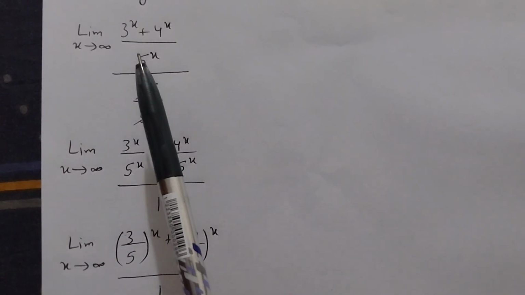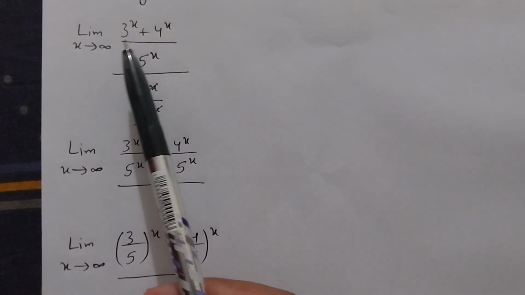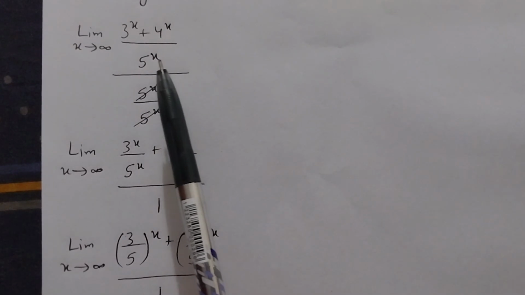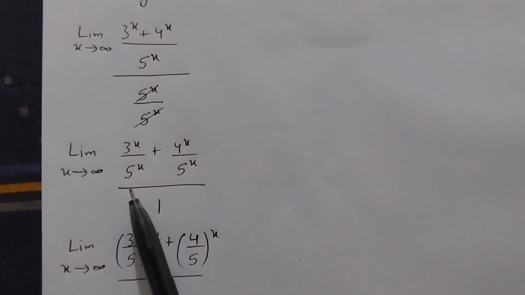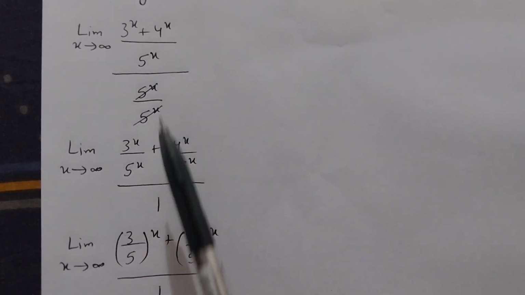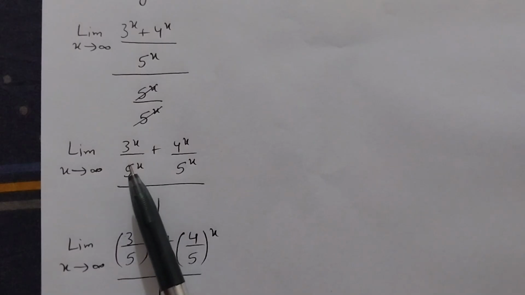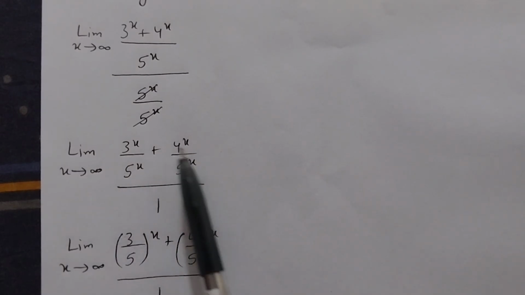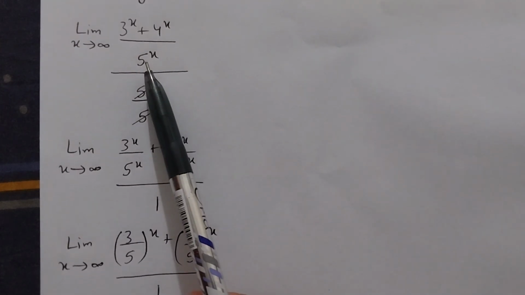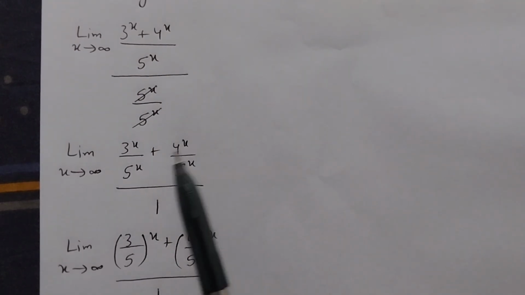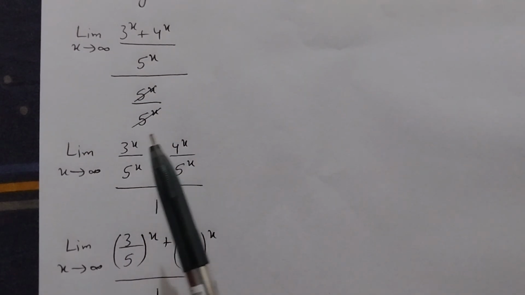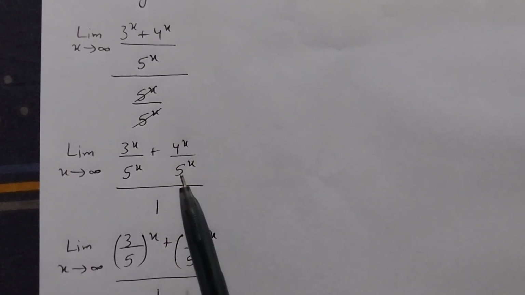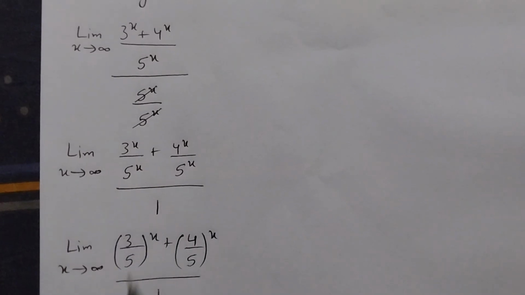In the numerator, we can separate these two terms with the denominator 5 raised to power x. So this becomes 3 raised to power x over 5 raised to power x plus 4 raised to power x over 5 raised to power x. Combining these two is basically just the reverse of taking the LCM.